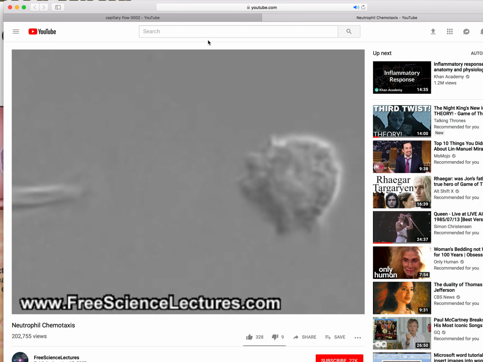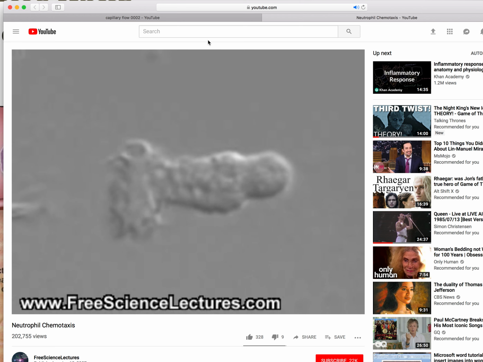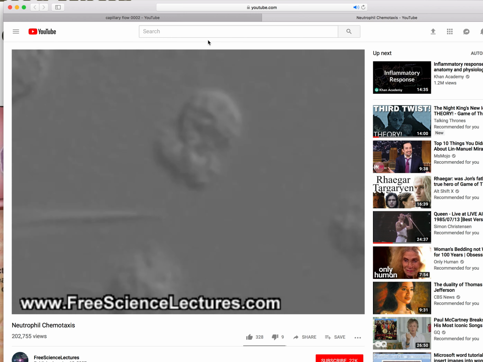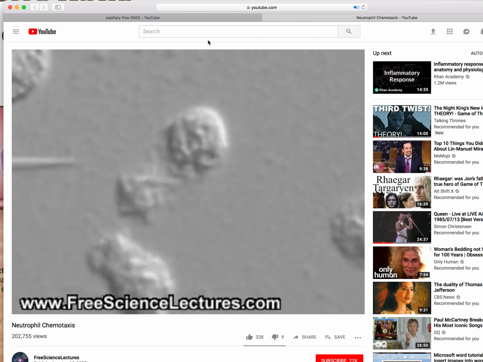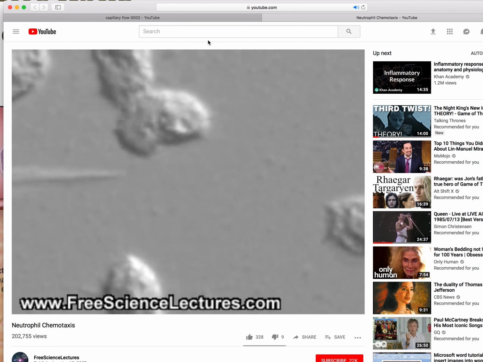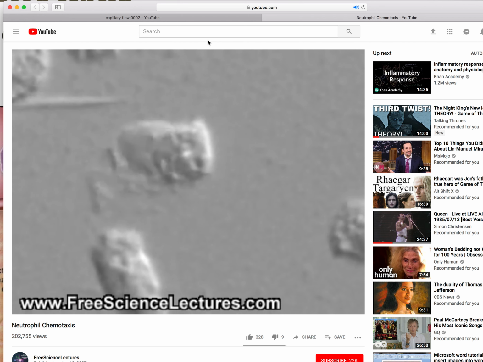When neutrophils sense these compounds, they polarize and move towards the source. When the source of the chemoattractant is moved, the neutrophil immediately sends out a new protrusion, and its cell body reorients towards the new location.